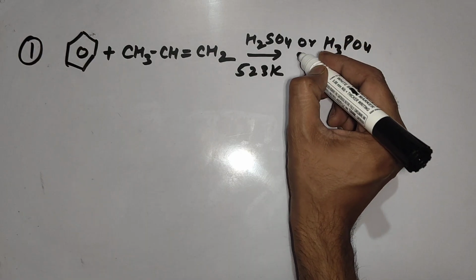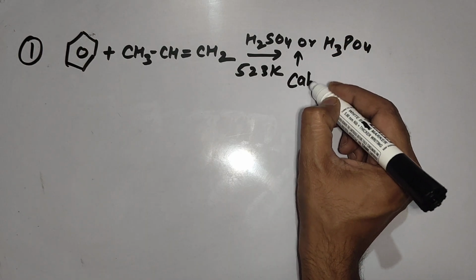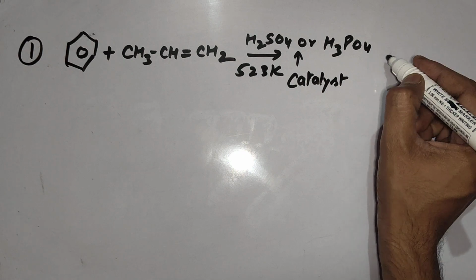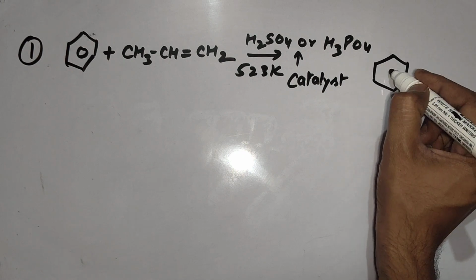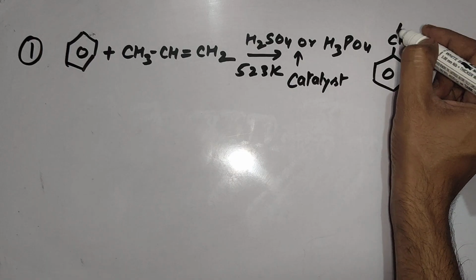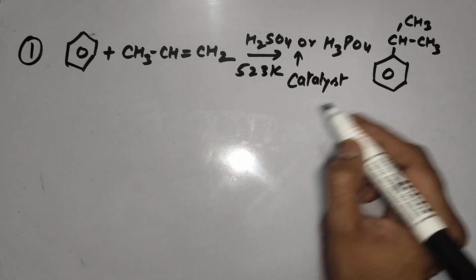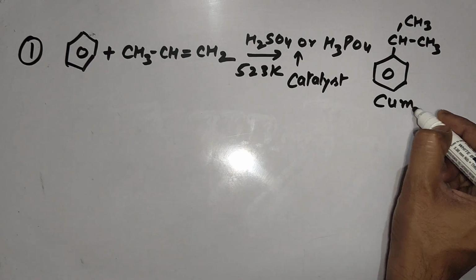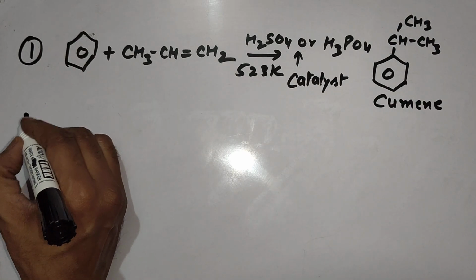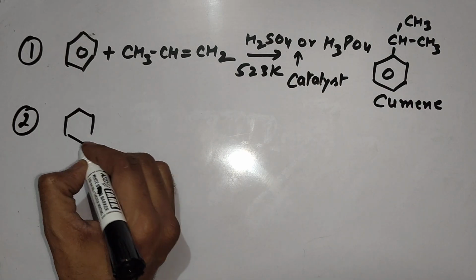These acids are working as a catalyst here. In this first step, the very first compound will generate, this one. Cumene it is known as, a colorless liquid.